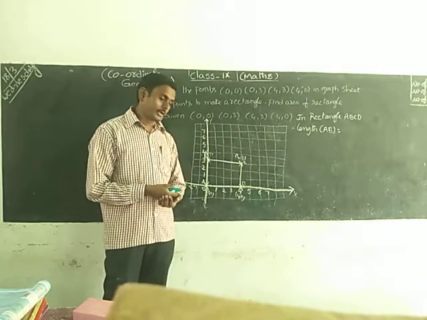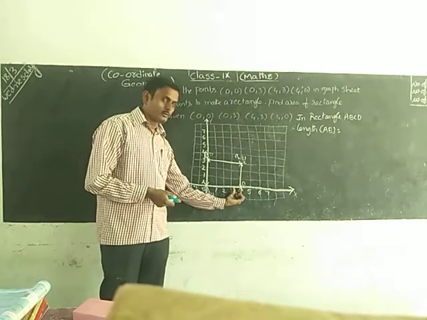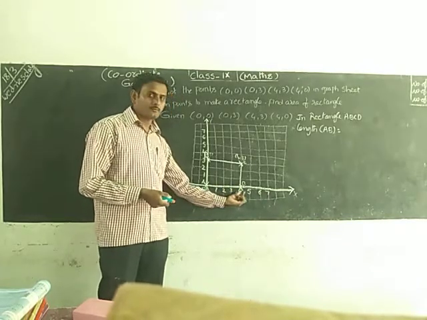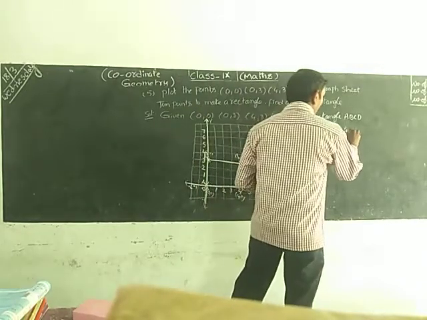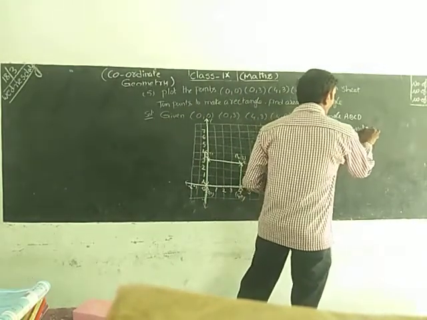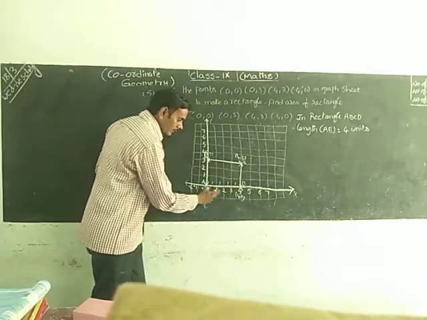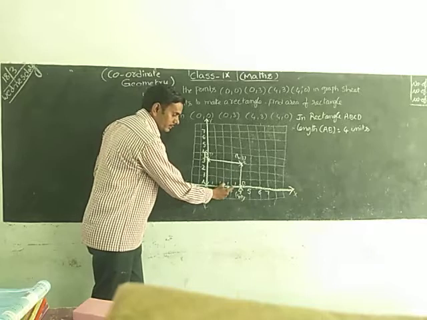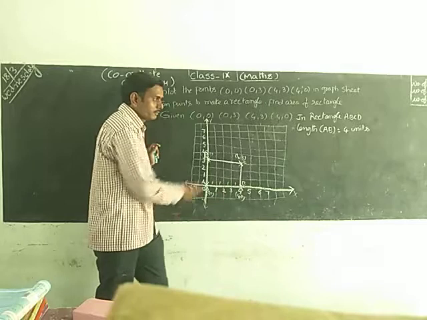You have to find it. 1 unit, 2, 3, 4. Totally 4 units. This is 1 unit, this is 1 unit, this is 1 unit, this is 1 unit. 1 plus 1, 2. 2 plus 1, 3. 3 plus 1, 4. 4 units.